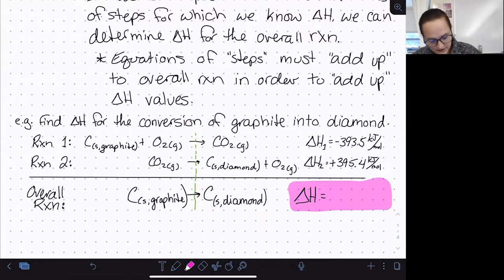So I am looking to have graphite somewhere on the left. My overall reaction has graphite on the left, which means one of my other reactions has to have graphite on the left. And I find that in reaction 1.